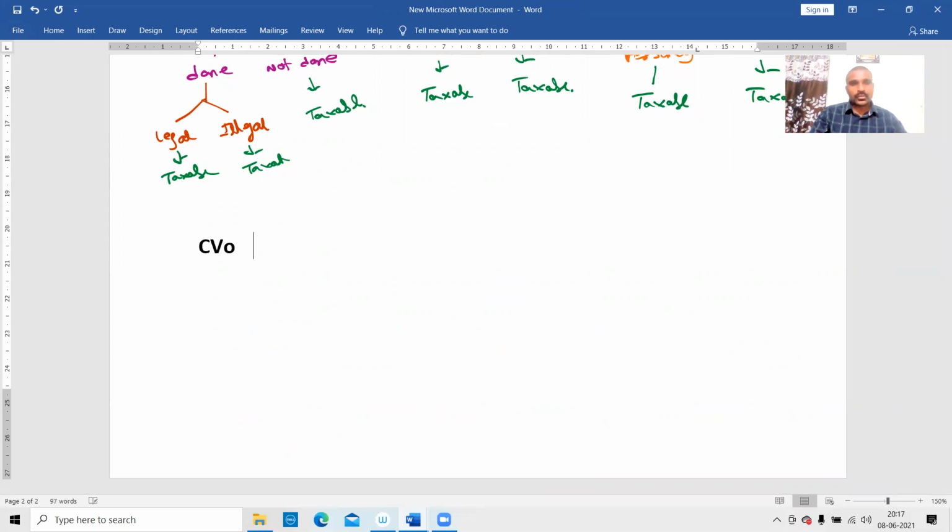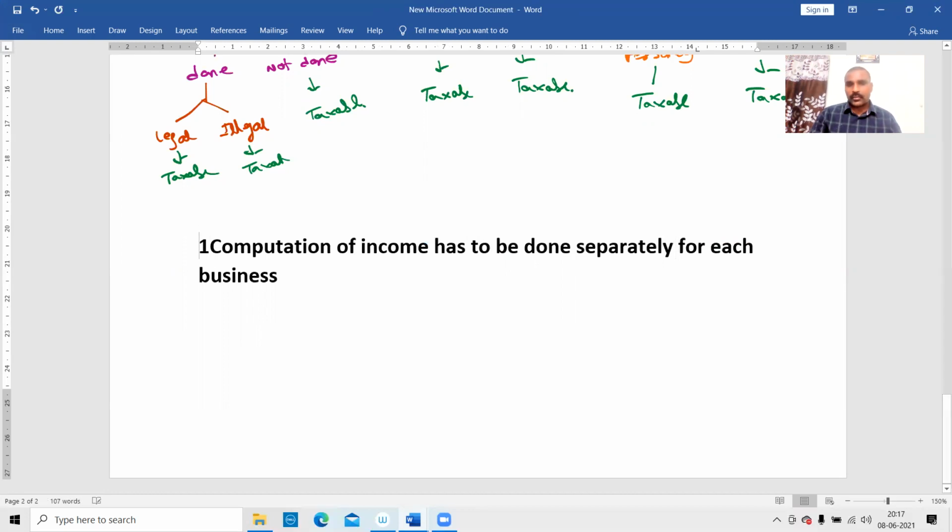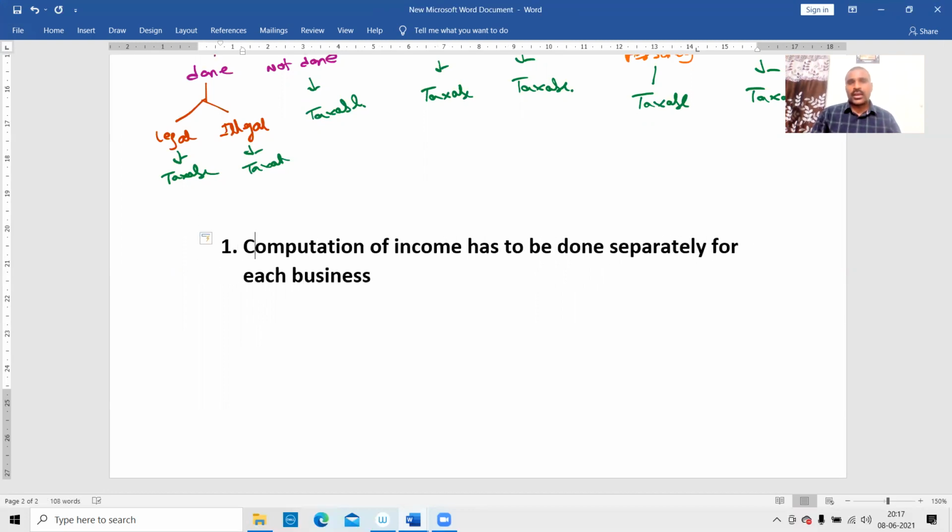Computation of income is separate for each business. It has to be done separately for each business.